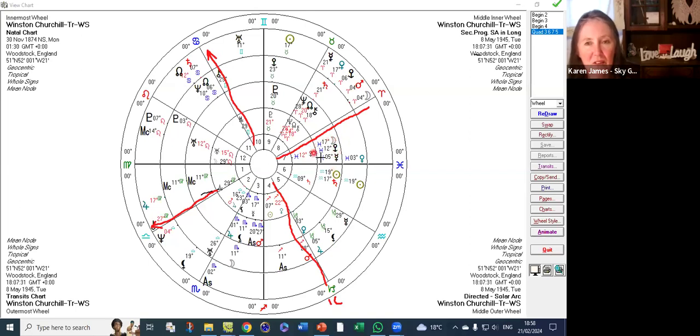It is in the 7th house. It hasn't yet got to his 29 Pisces descendant, so it hasn't quite popped its head over the horizon, and it's in the sign of Pisces.